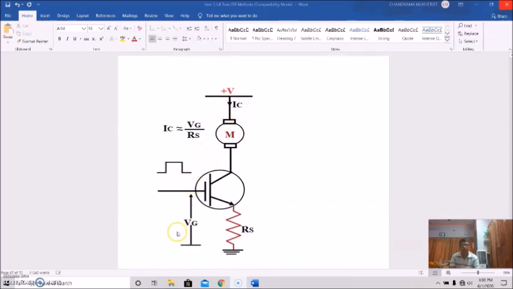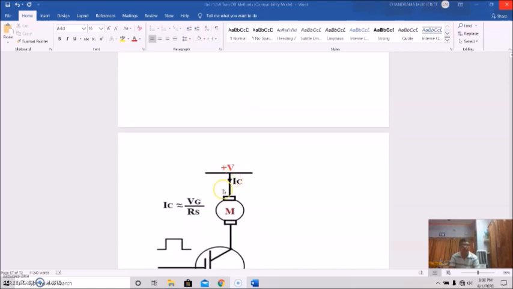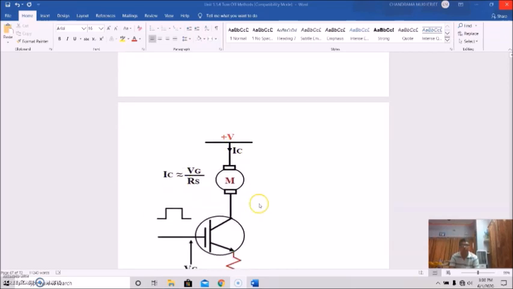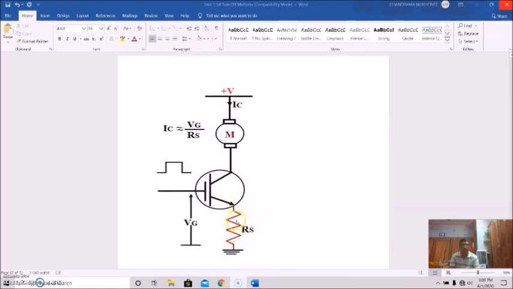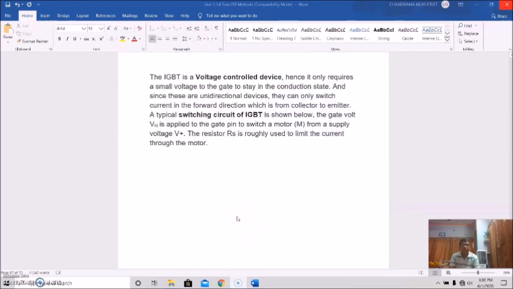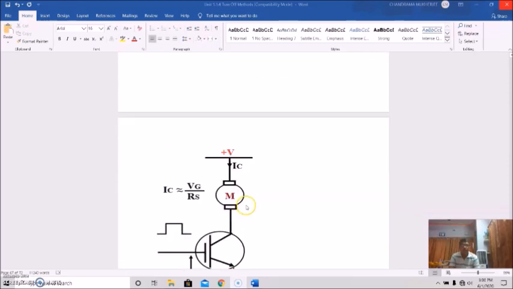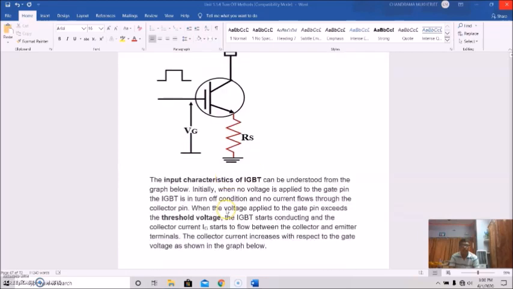See, the gate voltage is connected here, switching this motor, and this series resistor is limiting the current. This is the typical circuit diagram.